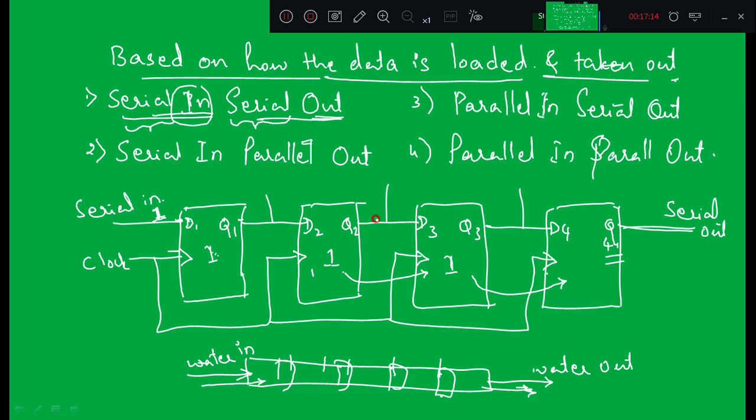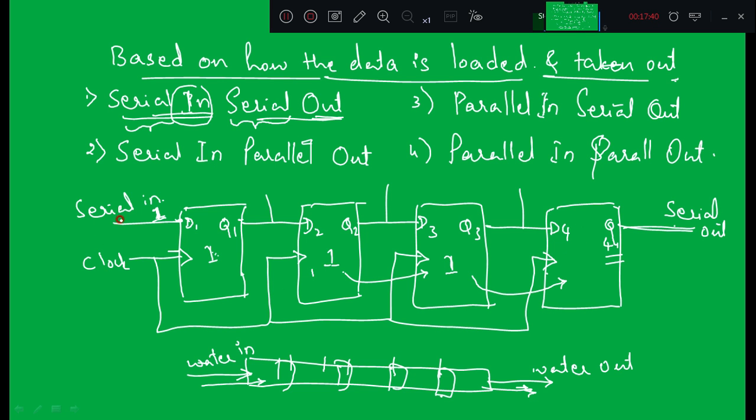But I don't have any exit points at these points. So I have only one entry point and only one exit point, right? So if you want to take this data out, this data has to reach the last flip-flop, right? Then only you can take it out from this fourth flip-flop, right? So that can be done by applying the control input, right?